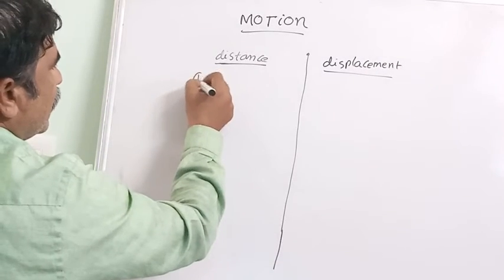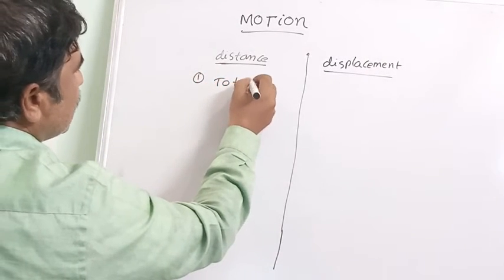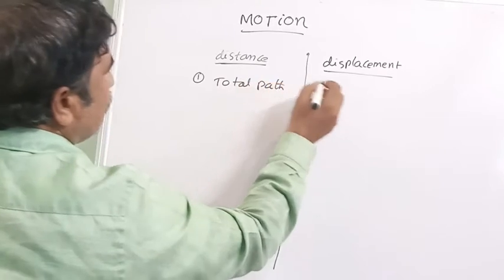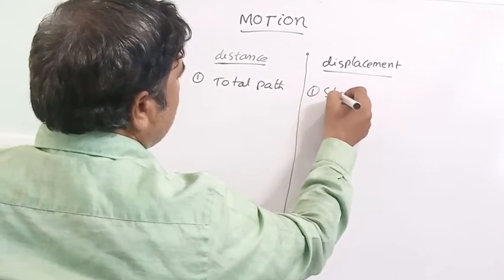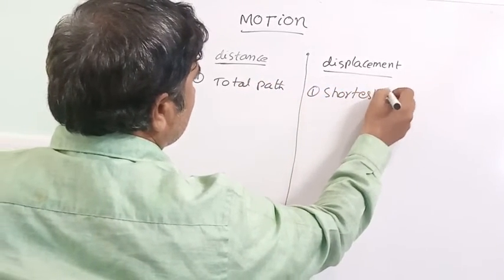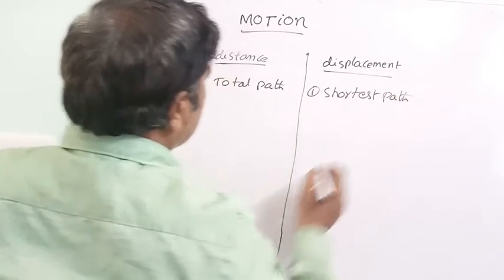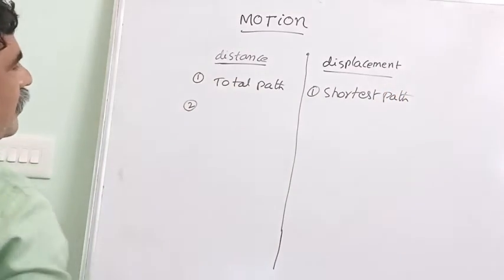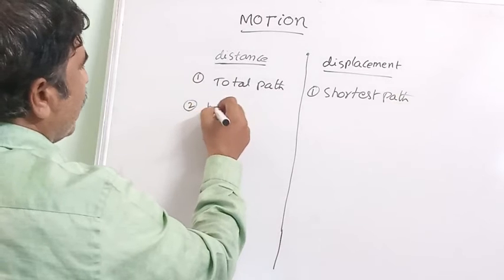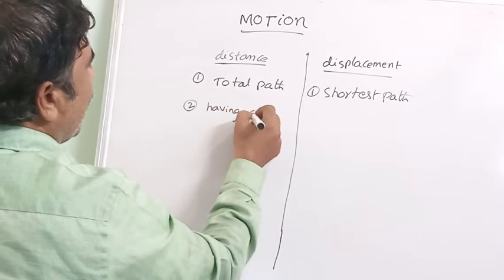Okay. Now what is the difference between distance and displacement? We can write, this is the total path, this is the shortest path. Another point, distance has only magnitude.